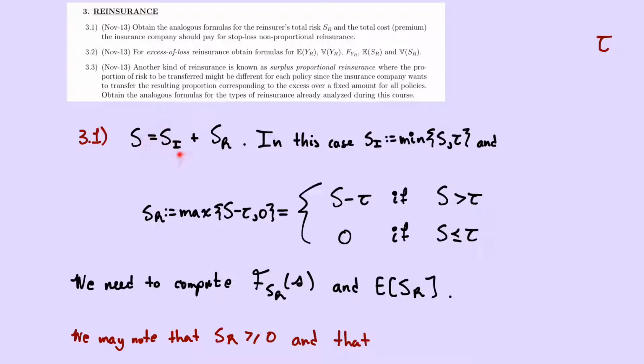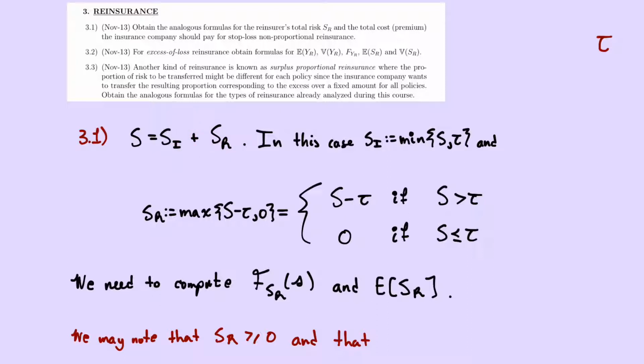One random variable is called SI, and this represents the amount that the insurance company will have to pay for the reclamations over one period of time. And the other random variable, SR, represents the amount that the reinsurance company will have to pay for the reclamations that the insurance company will have over that period.